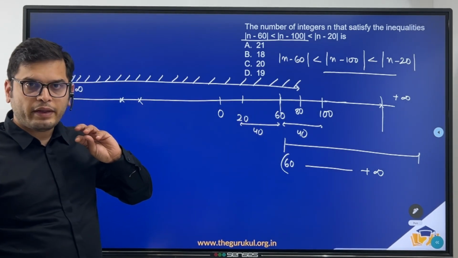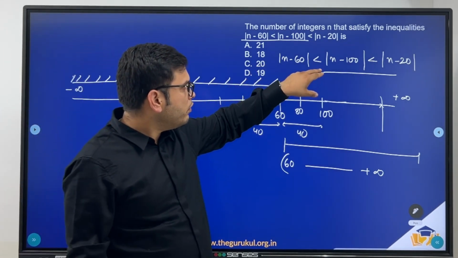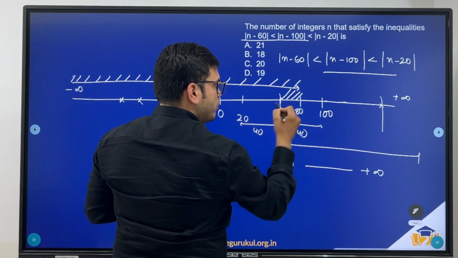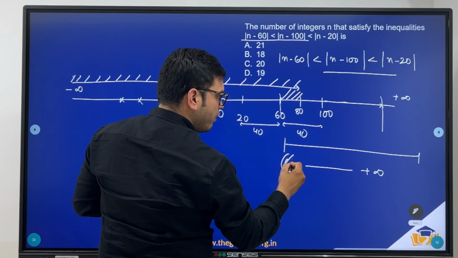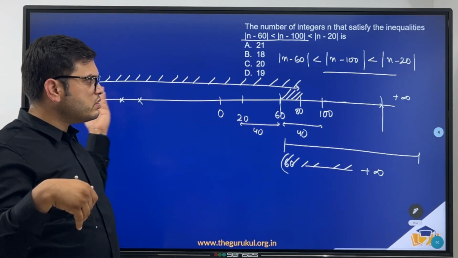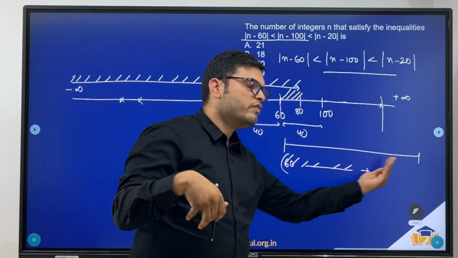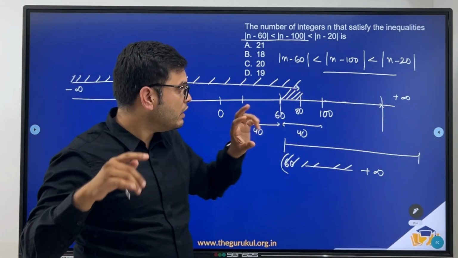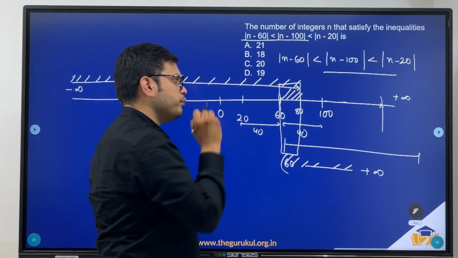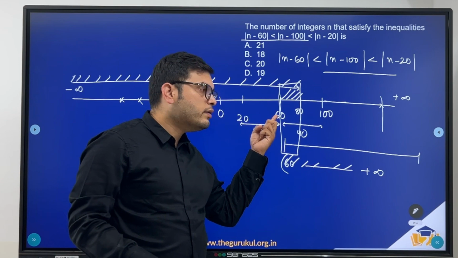Now we need to find the range of values which satisfy both the inequalities, right? So we have 60 to 80 excluding 80, and we have 60 to plus infinity. This is minus infinity to 80, and this is 60 to plus infinity. So the region common to both the inequalities is this, excluding 60 and 80.